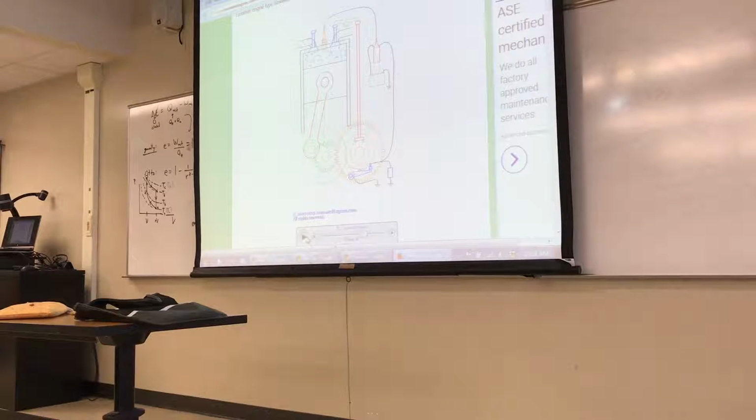If you have some problem with your engine like this, you can go to the mechanic and get it taken care of. There's another, much more serious problem, which is this.